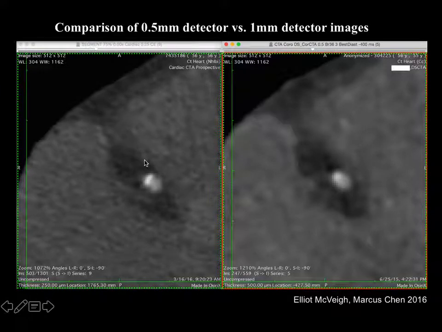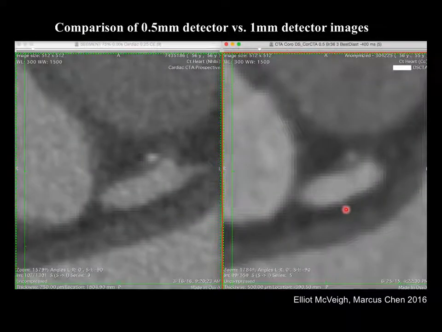This is a direct comparison of a lesion, a piece of calcium seen in the same patient's right coronary artery on the high-resolution scanner, which is on the left. This is the high-resolution scanner, and the state-of-the-art Siemens scanner, the Somatom Force scanner.